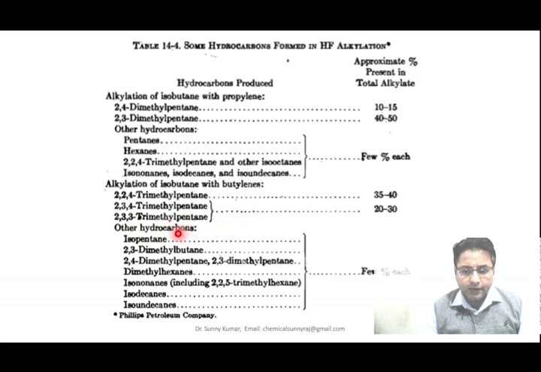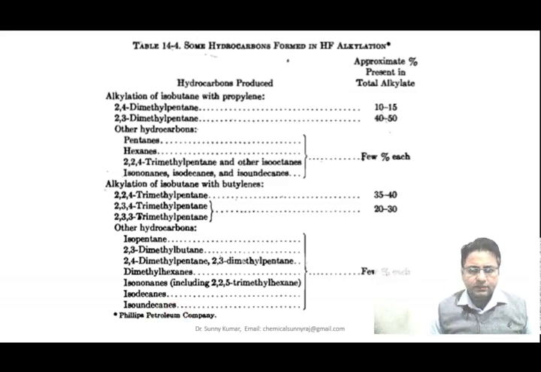Other hydrocarbons are isopentane, 2,3 dimethyl butane, 2,4 dimethyl pentane, 2,3 dimethyl pentane, dimethyl hexane, isononanes, including 2,3,5 trimethyl hexane, isodecane, and isoundecanes. So these are some of the percentages available during this HF alkylation. This is data of the Phillips Petroleum Company.